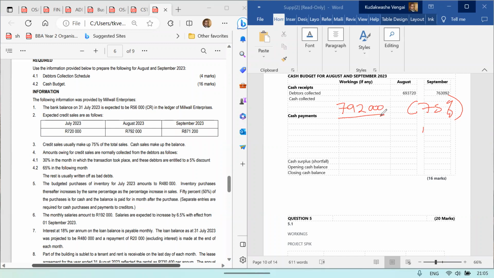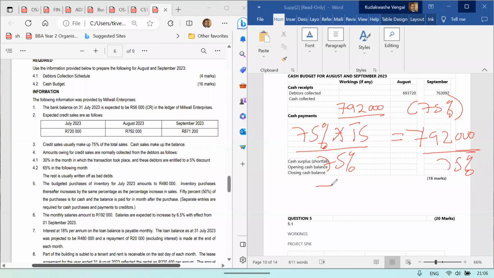So we want to know our total sales figure. If 75% of total sales is equal to 792,000, let's do an equation for those of you that like equations. 75% multiplied by total sales is equal to 792,000. To calculate total sales, according to mathematicians, we divide both sides by 75%.